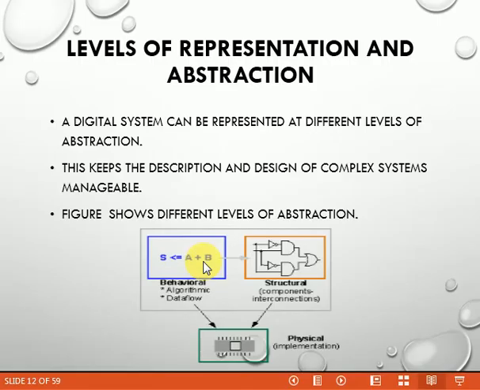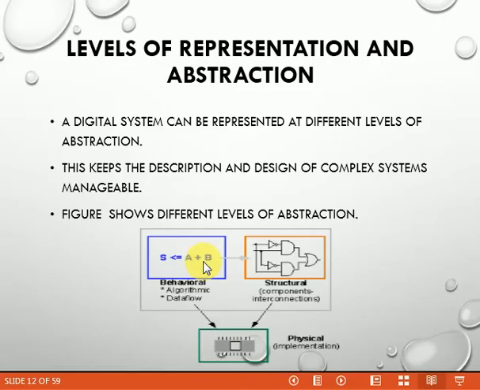Okay. And then in the structural level, it describes a system as a connection of gate components. So here this structural abstraction level describes all the gates that are connected with each other to perform the desired function.